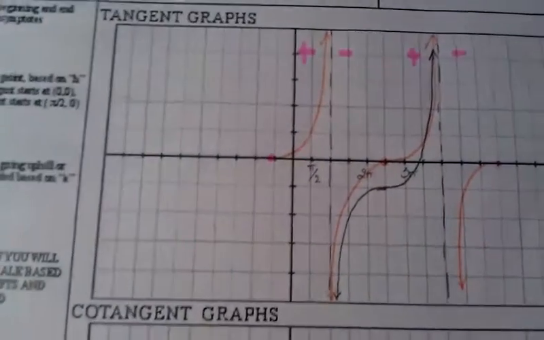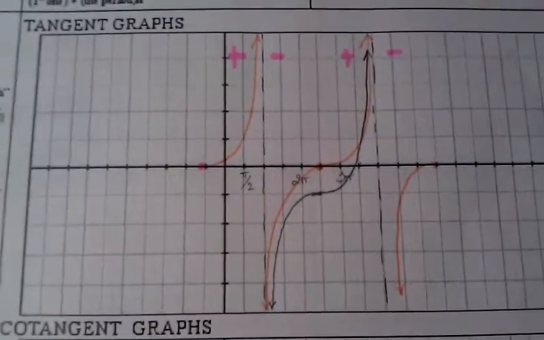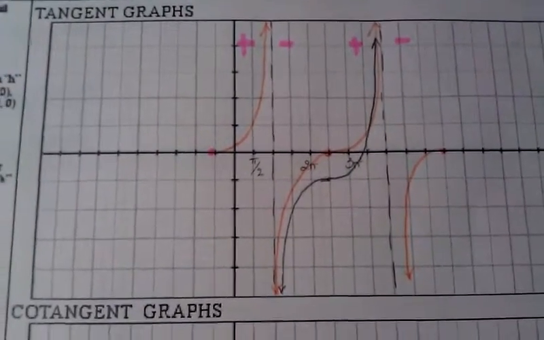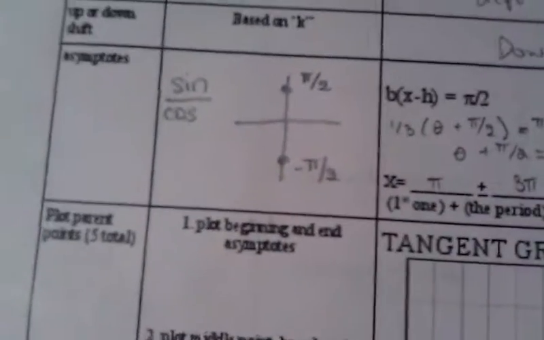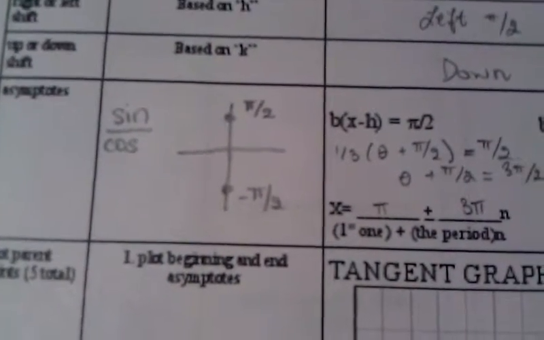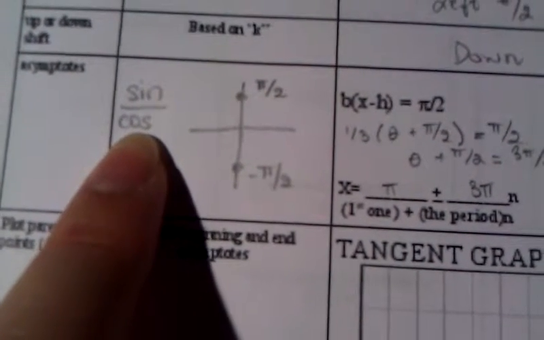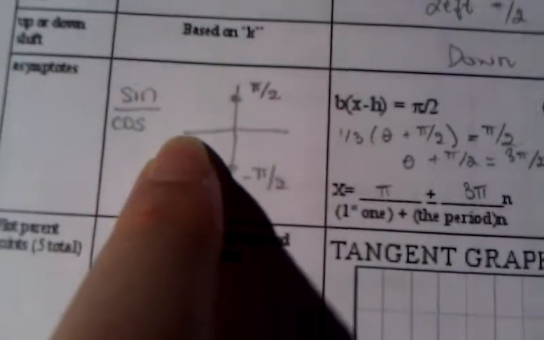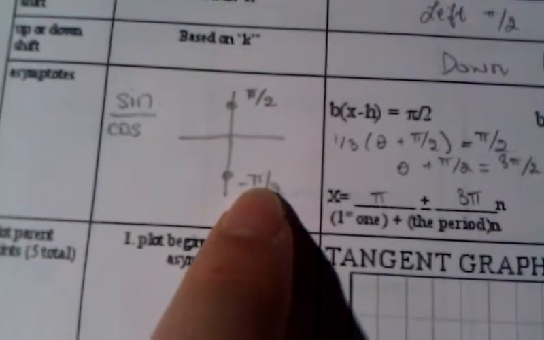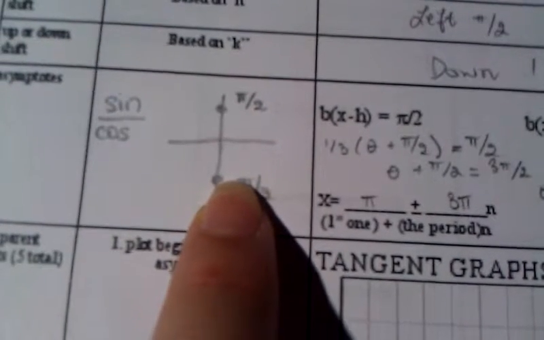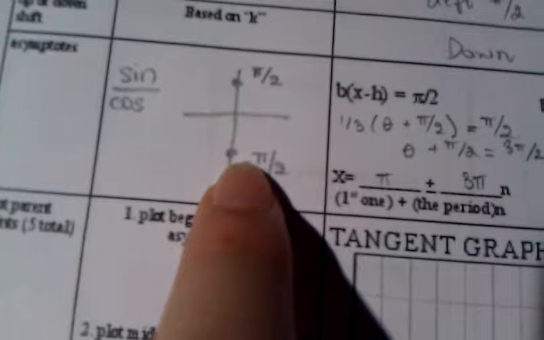Well, based on the unit circle, from what we learned, the ratio of the unit circle for tangent is sine over cosine. And cosine can have a value of 0 at 90 degrees and 270 degrees, or 270 can be written as negative 90 degrees.